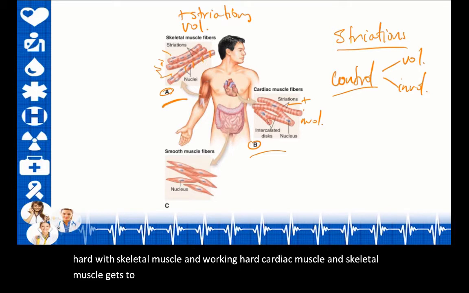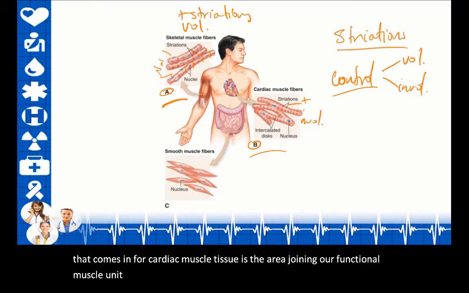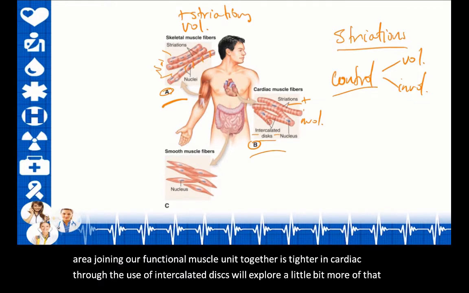Cardiac muscle does not. And so another characteristic that comes in for cardiac muscle tissue is the area joining our functional muscle unit together is tighter in cardiac through the use of intercalated discs. We'll explore a little bit more of that later, but it's a unique characteristic.